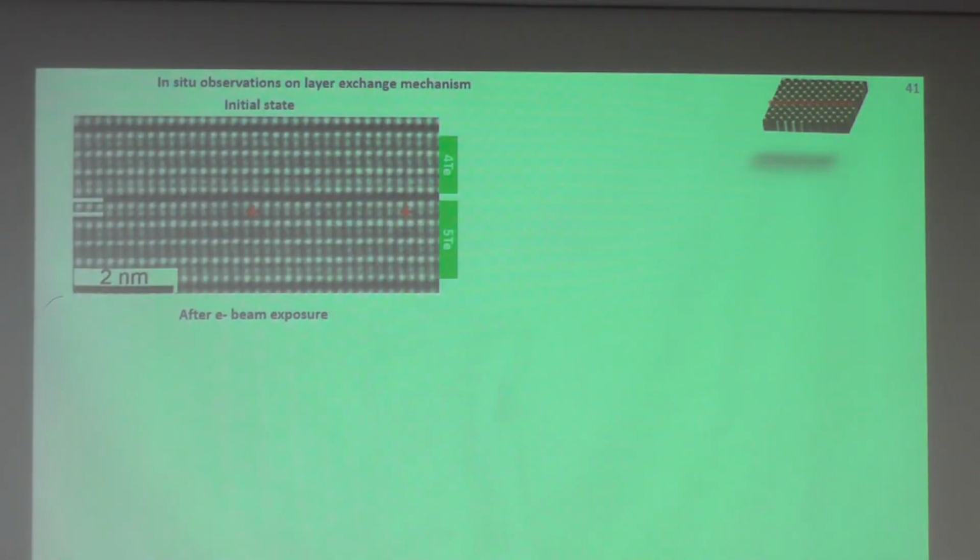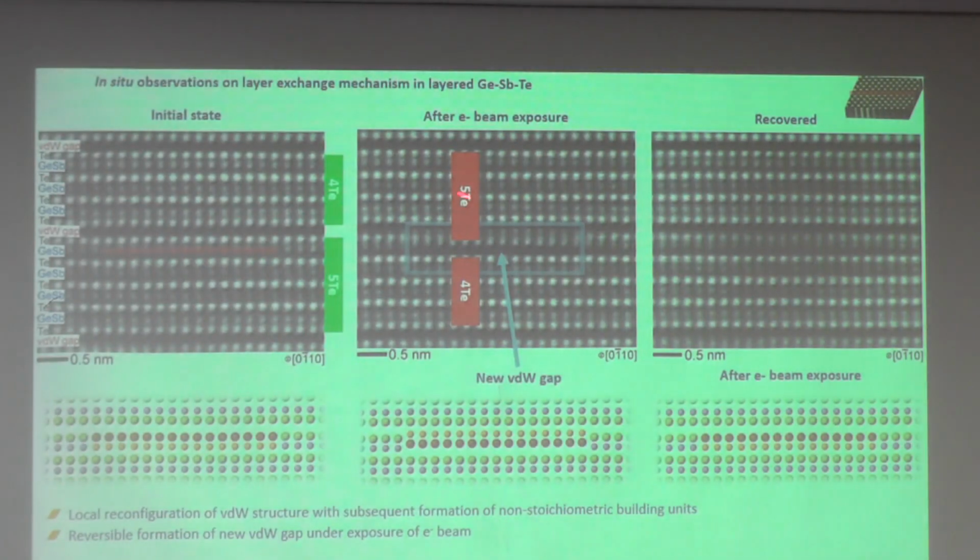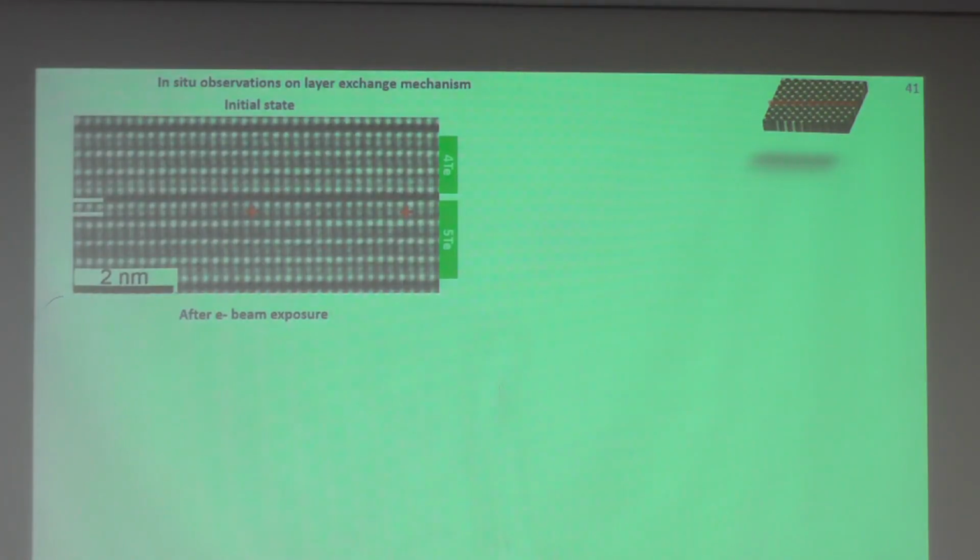We can also confirm that if you induce such a local chemical change, we can also create such, you know already, bilayer stacking faults. Such bilayer stacking faults are mobile.